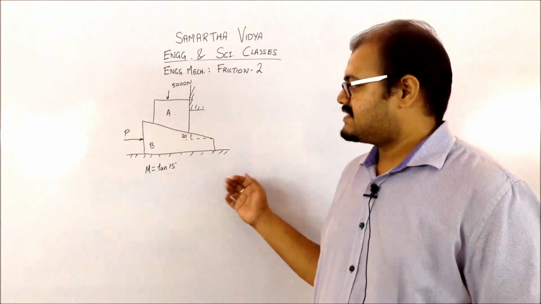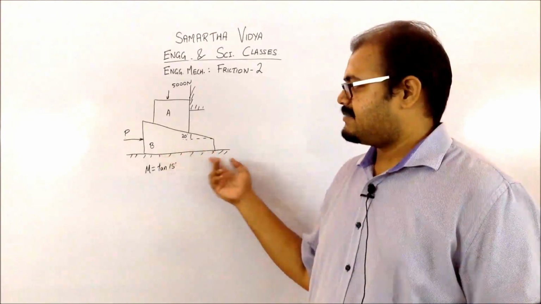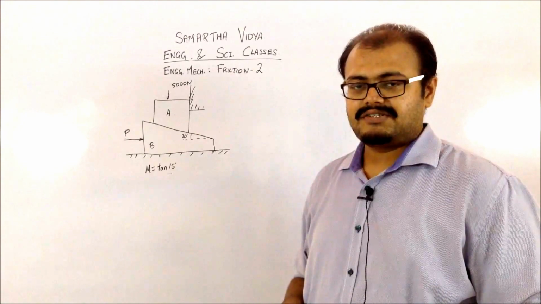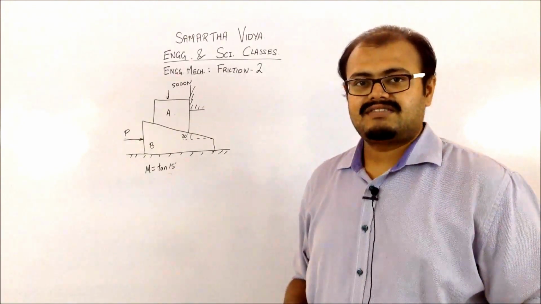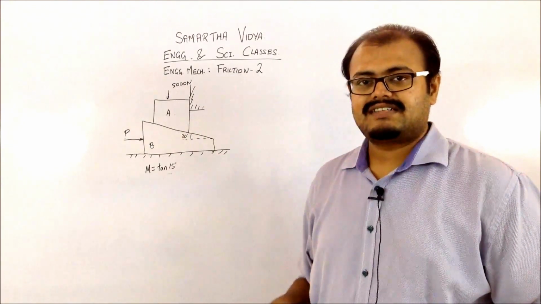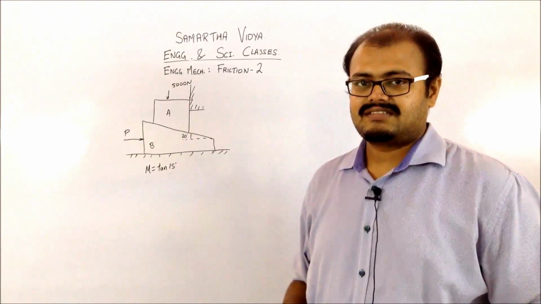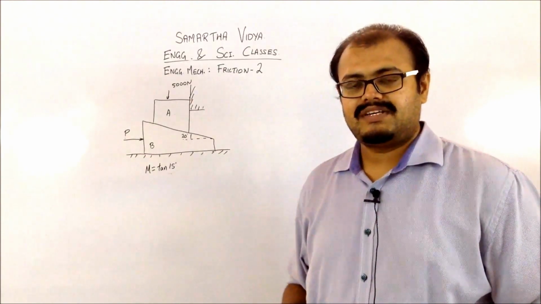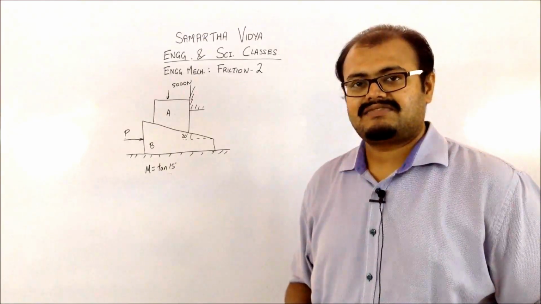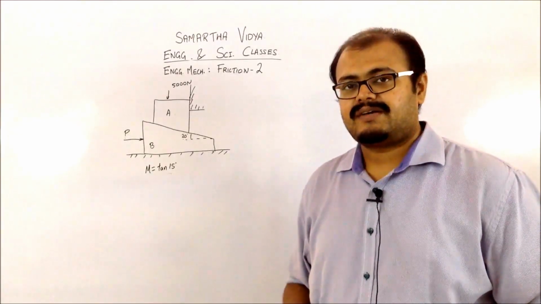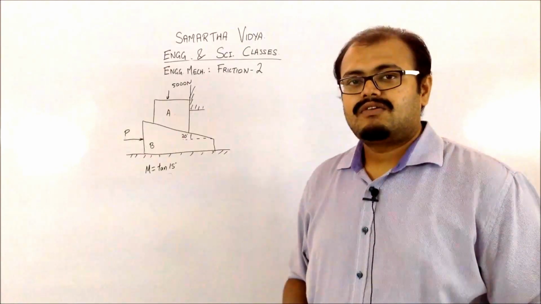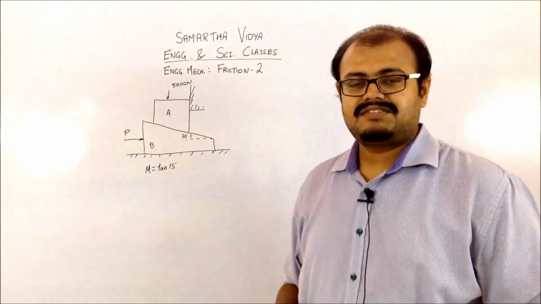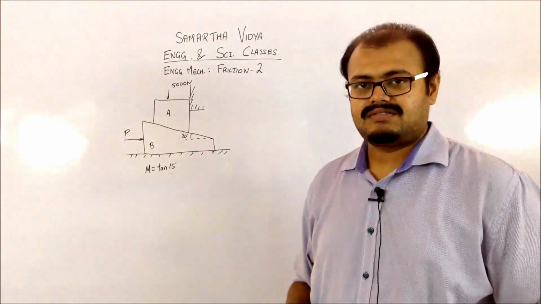You don't have the dimensions of the blocks given to you, so there is no possibility of having a summation M equation in this. So for one FBD you will have only two equations possible, that is summation Fx and summation Fy. Since you have only two equations, you should have only two unknowns.